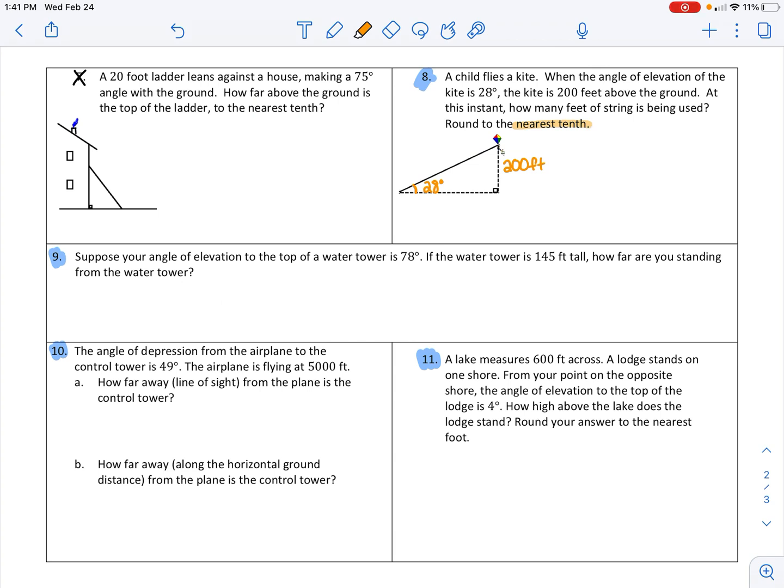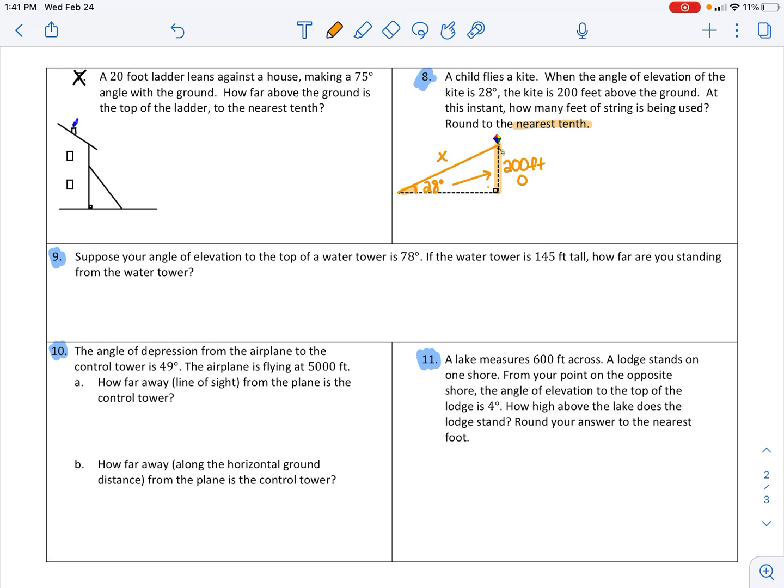It is super important that we read the directions about rounding. And so here it says to round to the nearest tenth. With this, though, it says, at this instant, how many feet of string is being used? So your string is going to be here. So that's going to be our x. That's what we're trying to find. So if we look at the sides we have, in relationship to angle 28, we have 200, which is our opposite side because it is across from the 28 degrees.